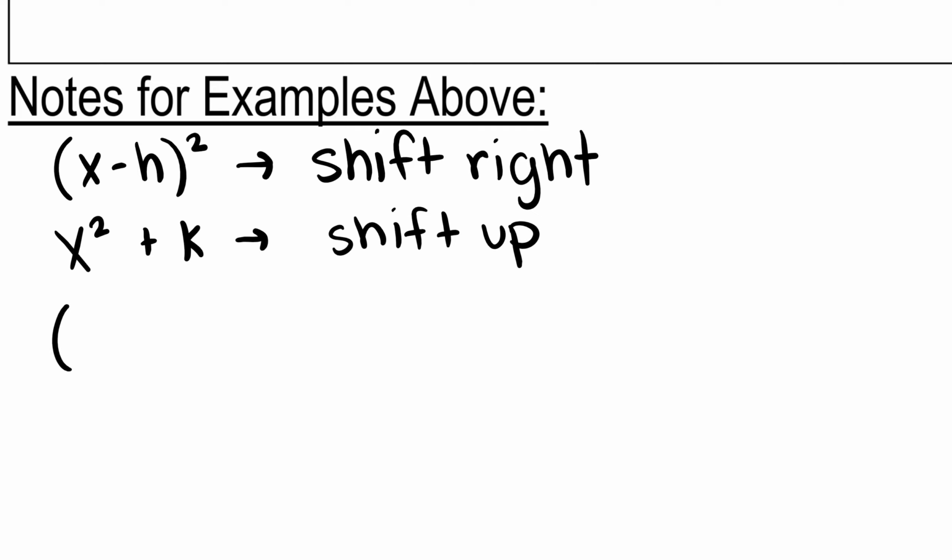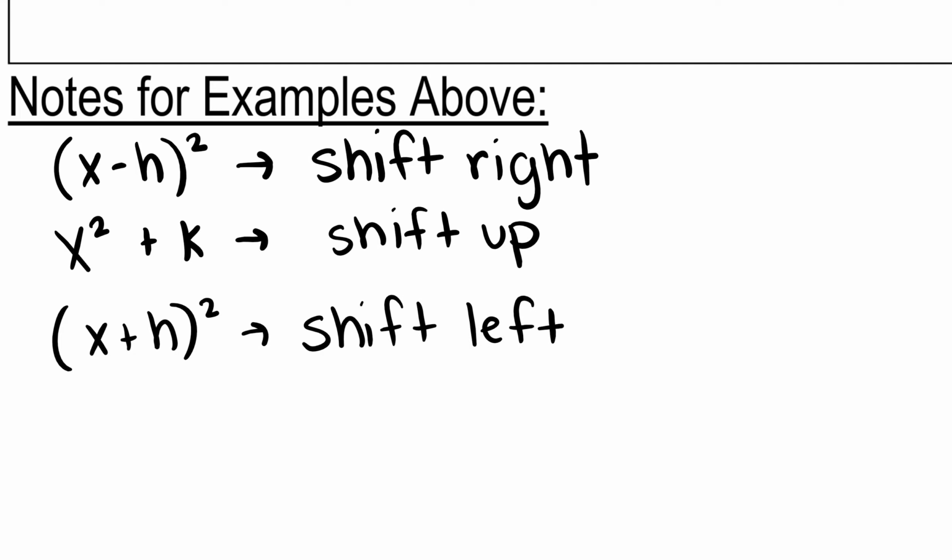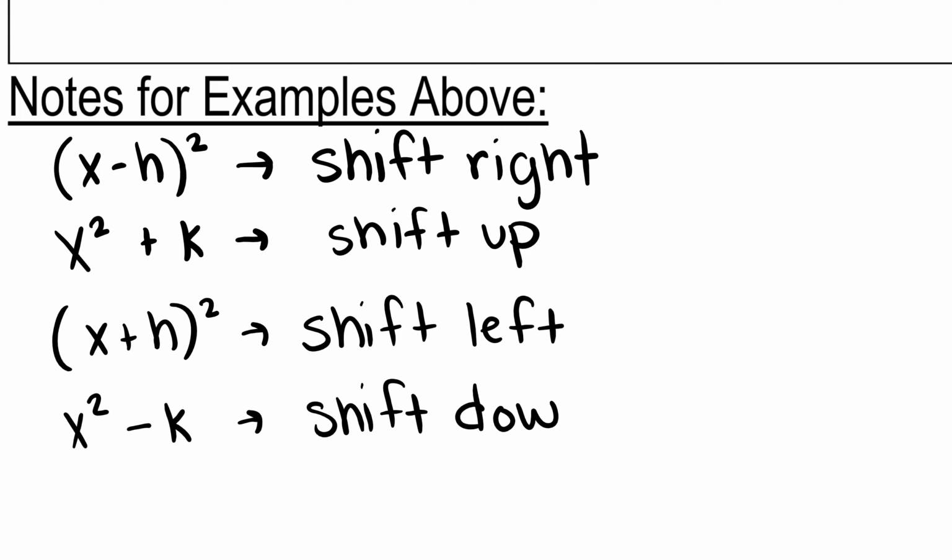The opposite of these, so x plus h, would be shift left. And then of course x squared and then minus k would be shift down. So these are the only 4 translations that you can have, because those are the only directions that we have, right? Up, down, left, right.